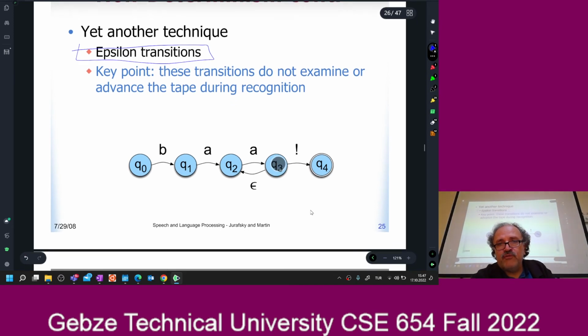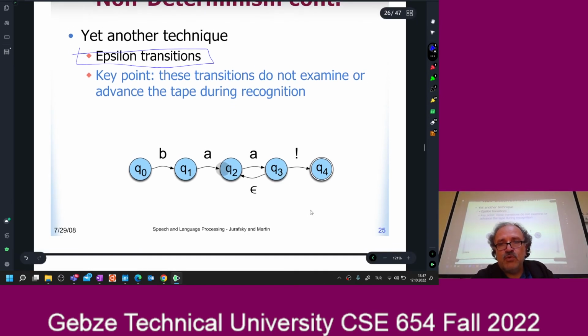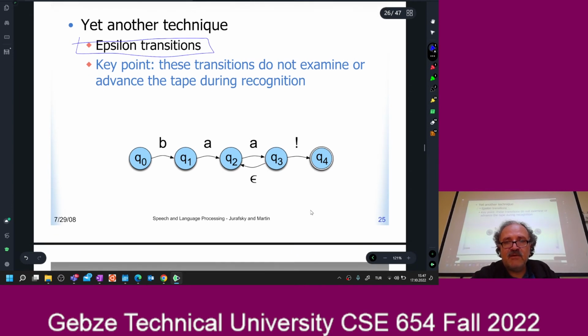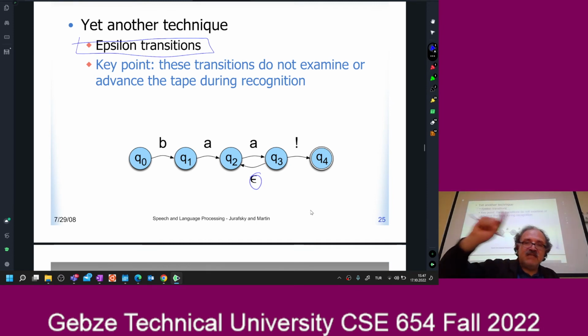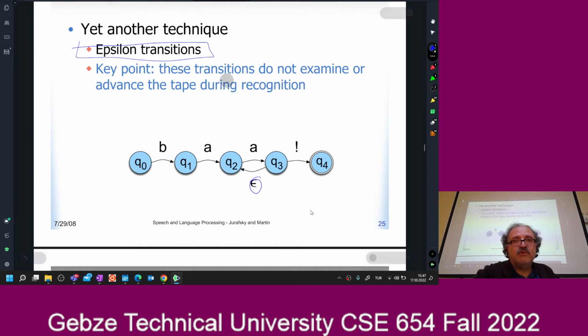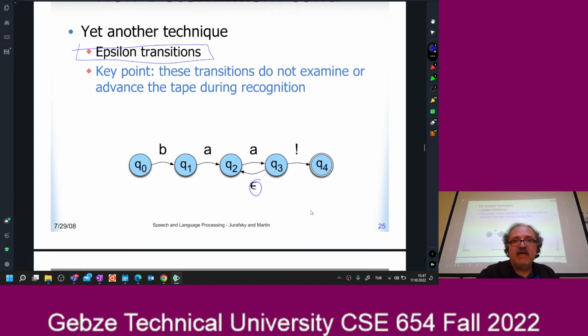But to go from Q3 to Q2, I don't need anything. I can jump directly from Q3 to Q2 without reading anything on my tape. That's called the epsilon transition.